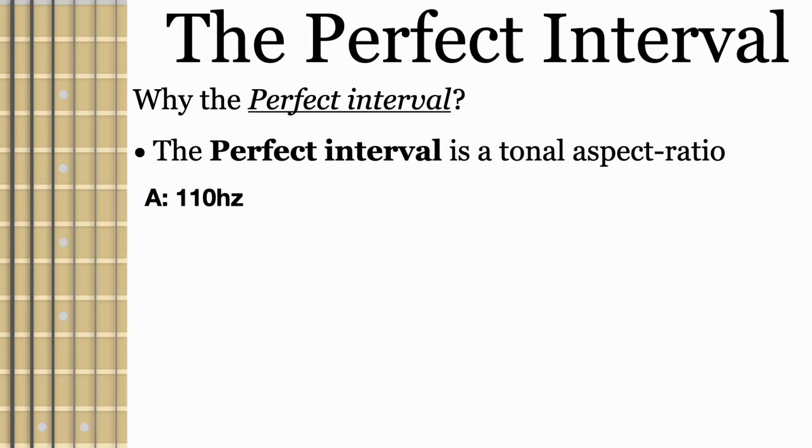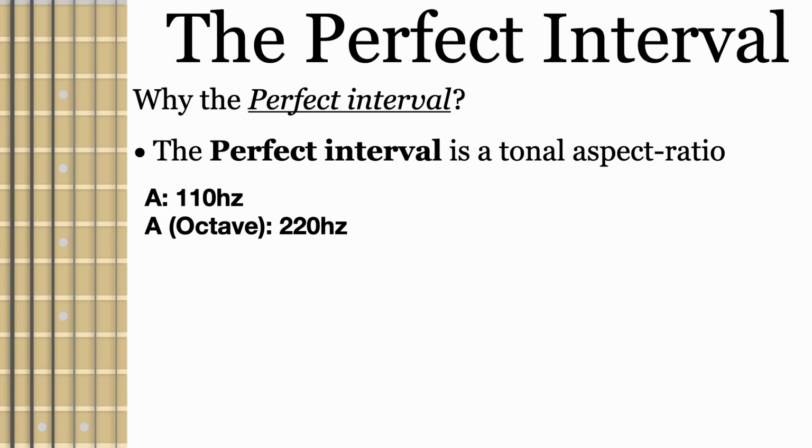Okay? Now, if you take your index finger, your ring finger, your middle finger, whichever one, and you put it on the octave of the A string, and you do that exact same pluck, at that point, it's going to vibrate 220 times per second, or 220 hertz.